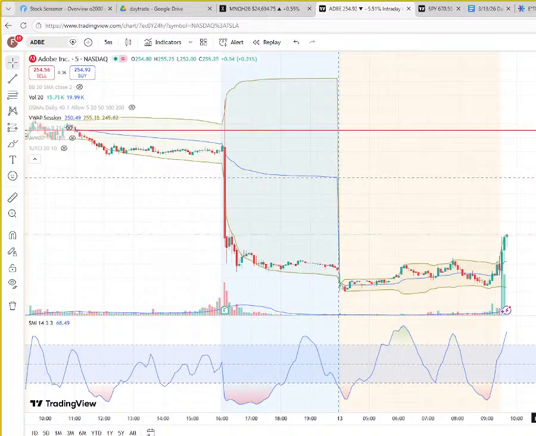I think this can end up at 260 at least. I've seen this pattern before.